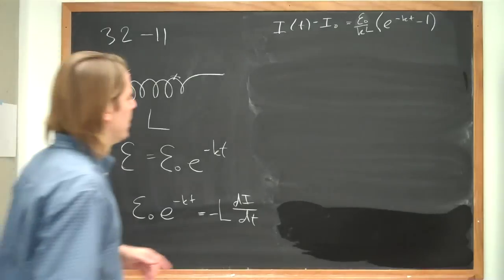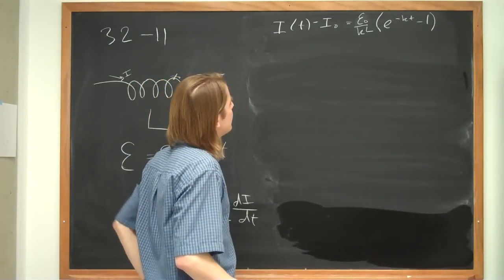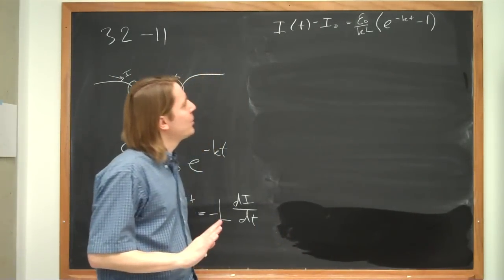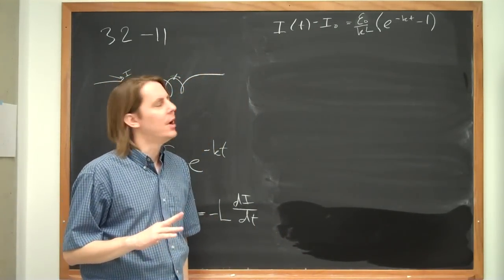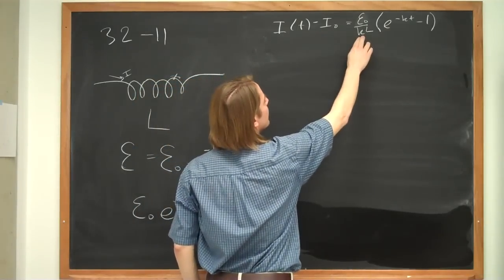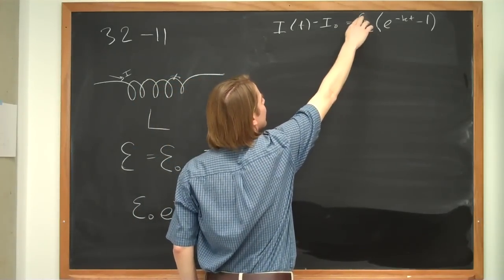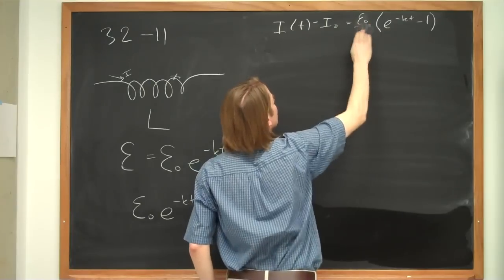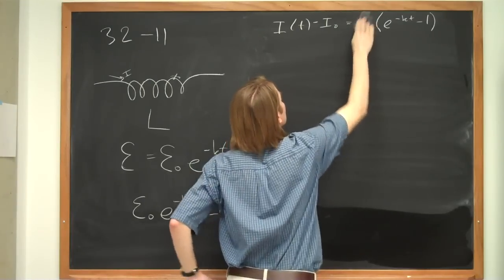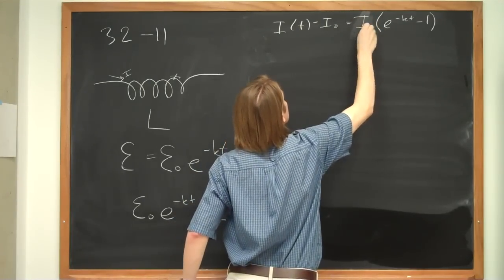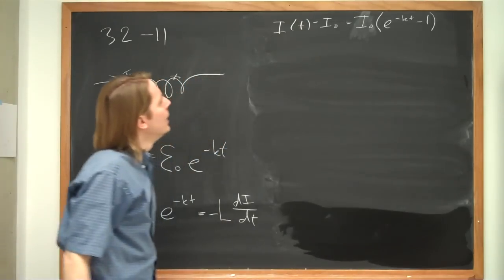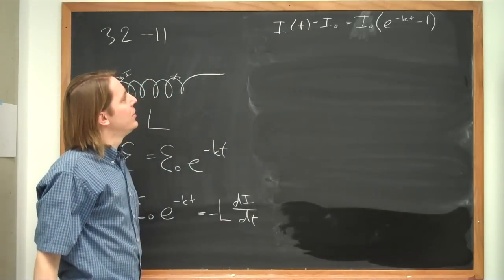Okay, so we have put our expression for I up here. Now there's something important to notice. The reason we calculated that I naught is you see it actually shows up here. The original EMF over KL is really I naught. So we're just going to replace it right there. And then you see when you do that, things start to cancel.